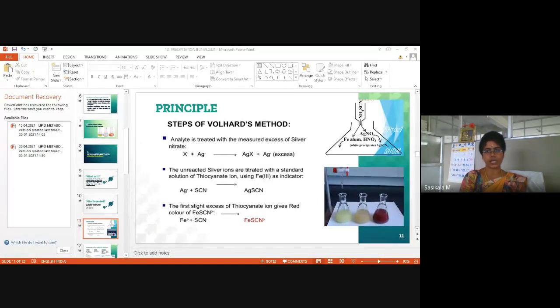What is the role of nitric acid there? Any one of you? What is the role of nitric acid in Volhardt's method? No answers? Yes, to provide acidic media. In acidic media only precipitation takes place. We'll see the importance of nitric acid in the coming slides.